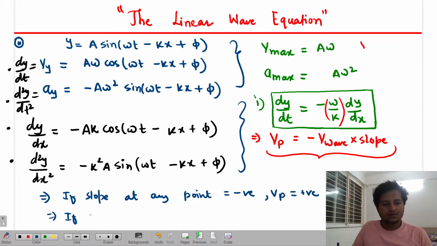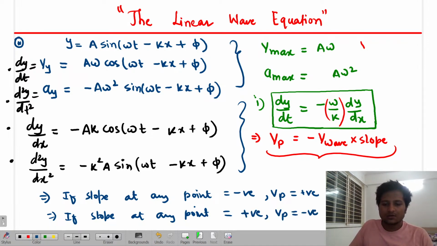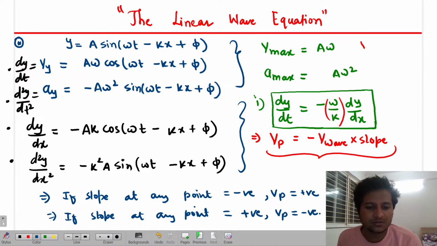And if slope at any point is positive, velocity of particle is negative. Did you understand my words or not?